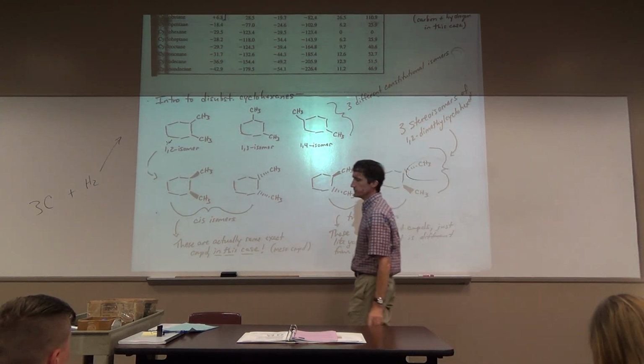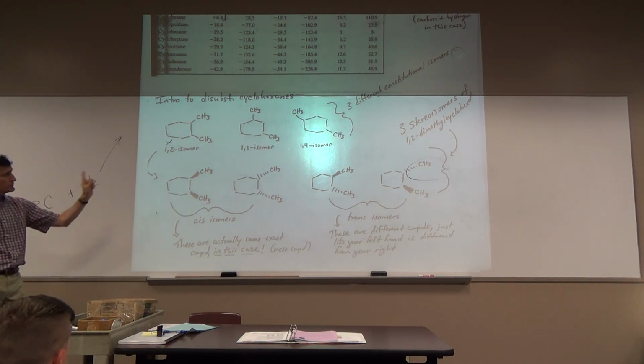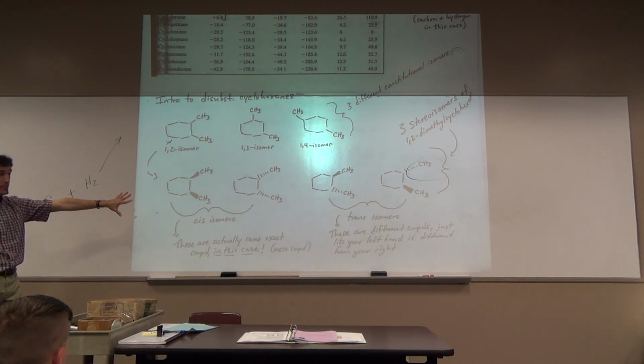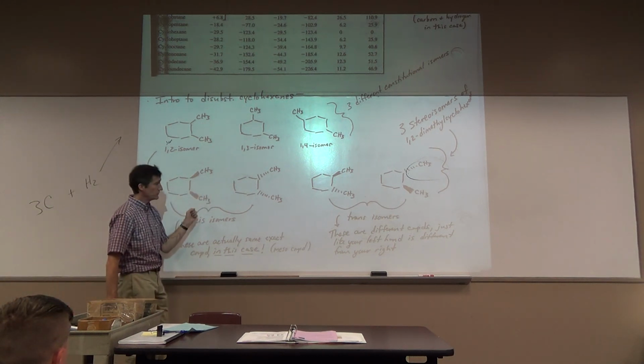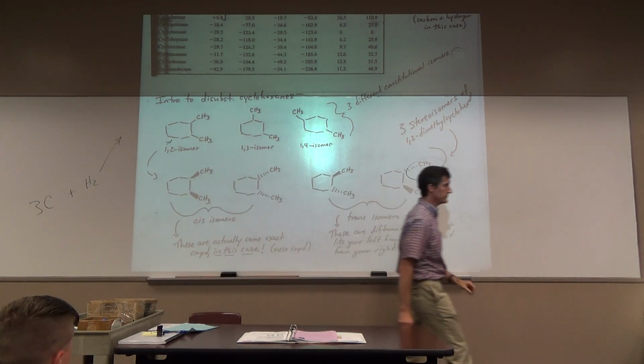Probably I'll stop here, but let me just say some final things. We'll start introducing more about isomers. Okay? Including stereoisomers, different from constitutional isomers. We'll introduce that a little bit.